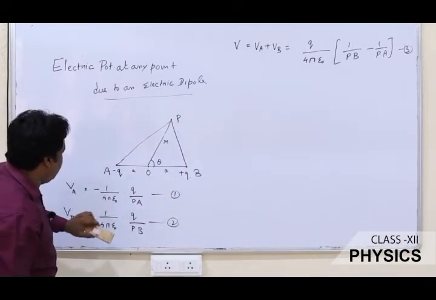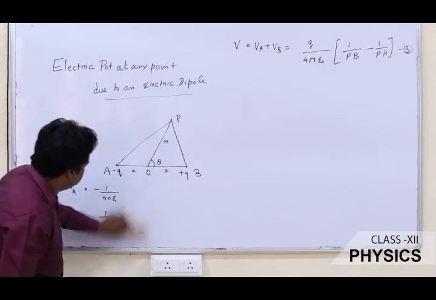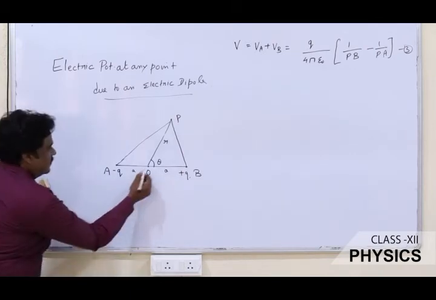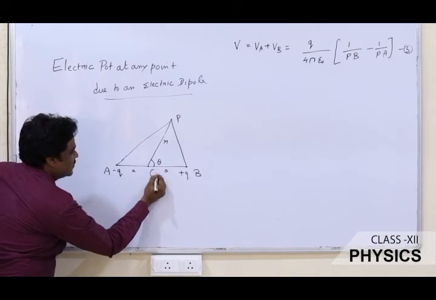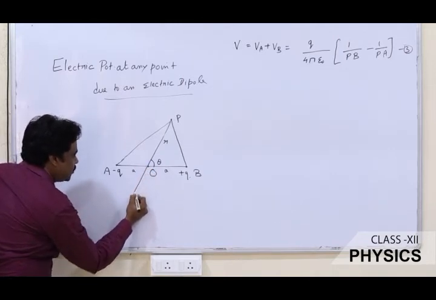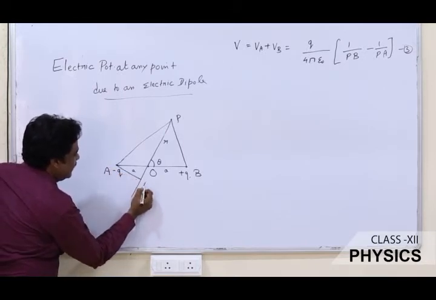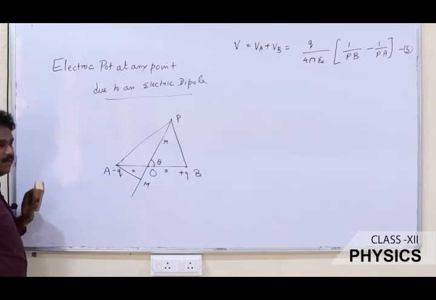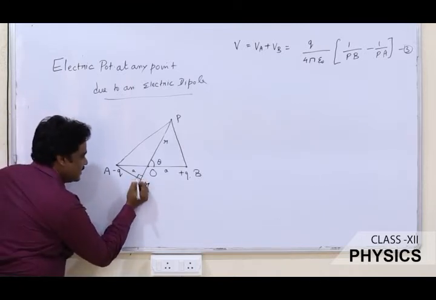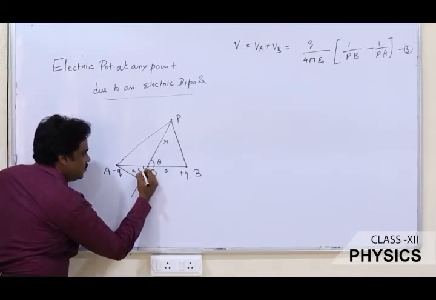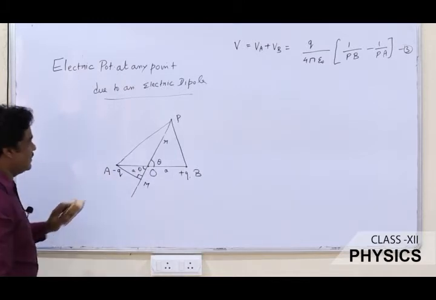So how to get PA and PB? We are going to do a construction. Produce PO. After producing it, draw a perpendicular line AM. Obviously, this angle is 90 degrees. If this is theta, this is also theta.